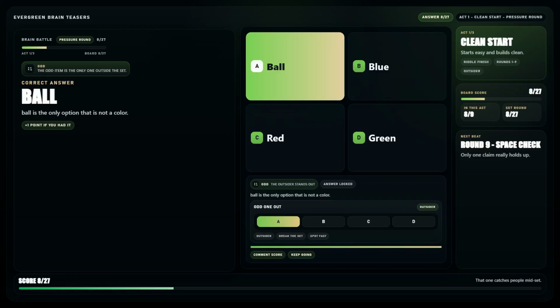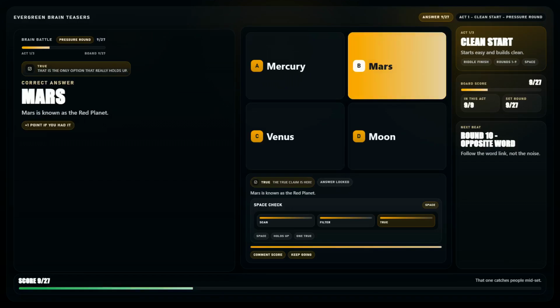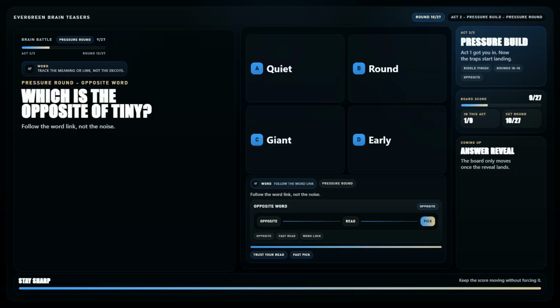3 belong together. Fact switch. Which one is called the red planet? Mars. Word switch. Which is the opposite of tiny?